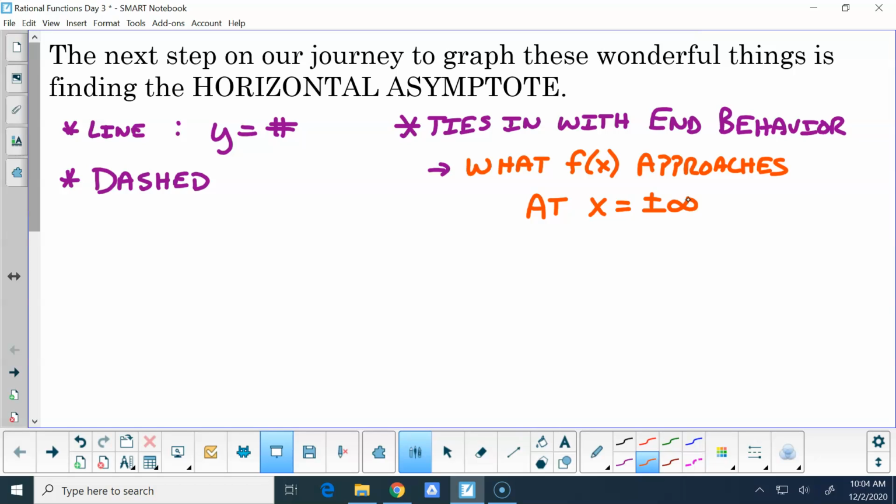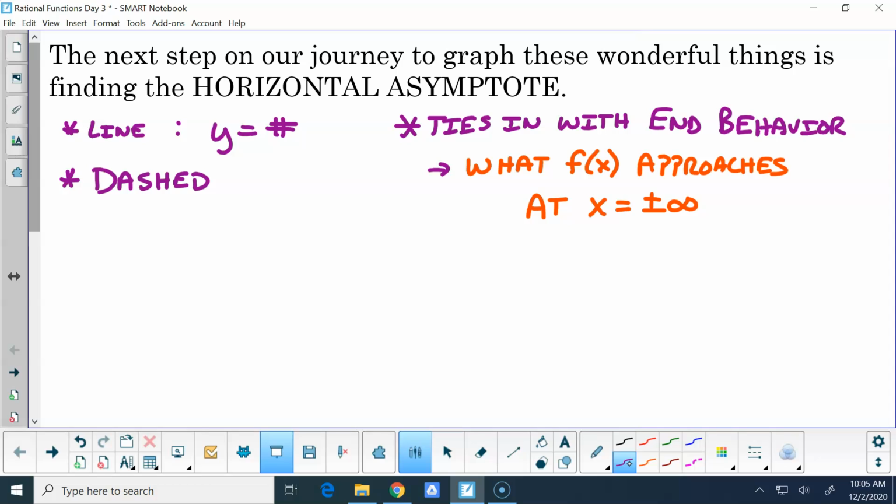So as we get farther and farther to the left and farther to the right on our graph, the function is going to approach this horizontal asymptote at the extremes, at the left and right side of our graph. Okay?